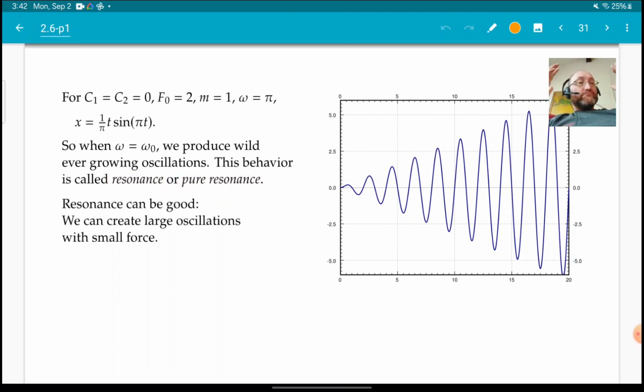Now, resonance can be good and can be bad. It can be good. We can create large oscillations with little force. We don't have to apply it all at once. We can just apply it in little bits, right?